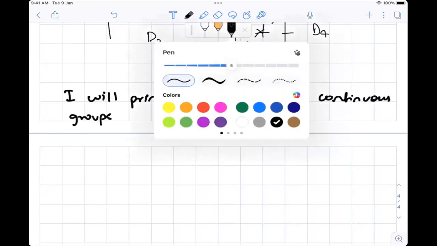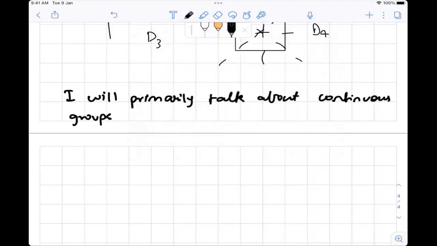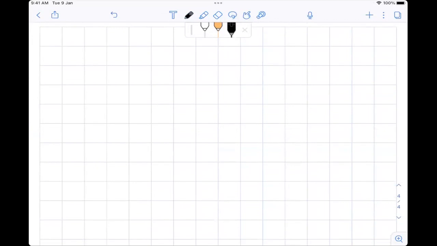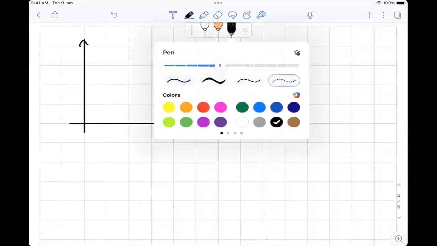Okay, so for that, let me take the example of just the rotation, because rotation is very easy to understand. So let's study rotation once more. What we have been doing, let me also use that other frame.